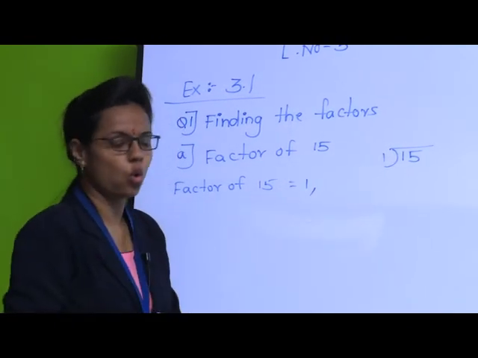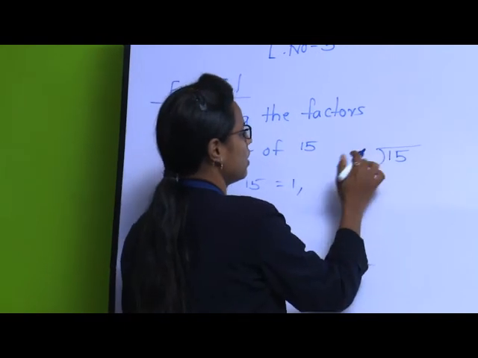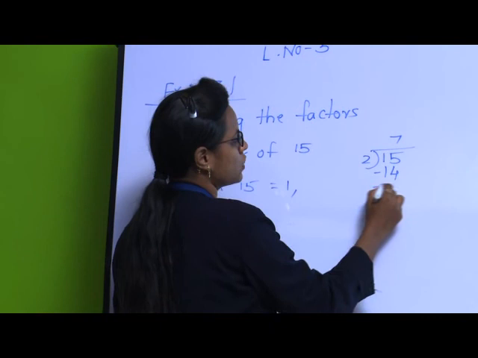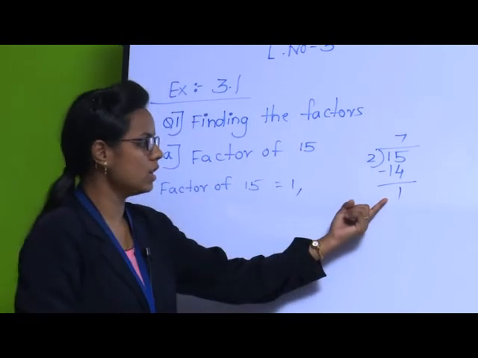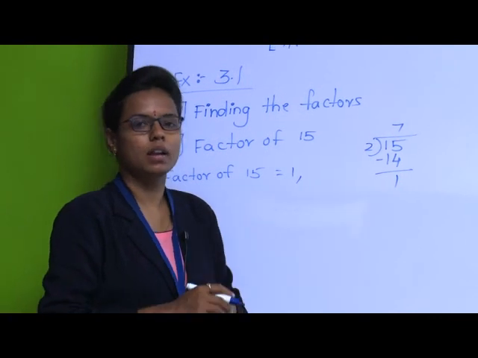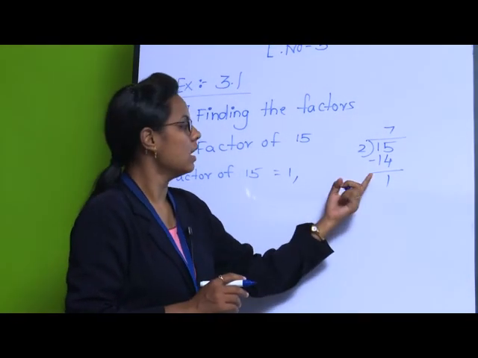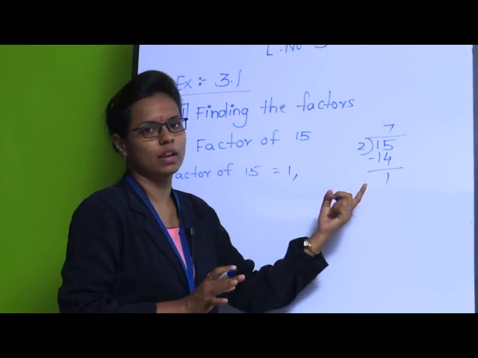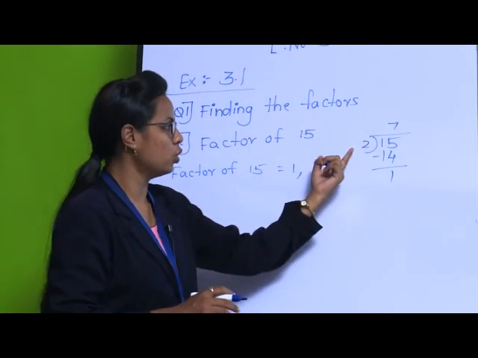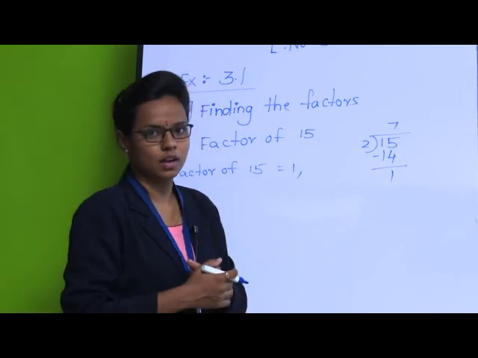Let us take 2. Now 2 sevens are 14. 15 minus 14 is 1. It is leaving the remainder 1. So when a number, after dividing, leaves the remainder 1, we say that it is not a factor of the particular number. So 2 is not a factor.